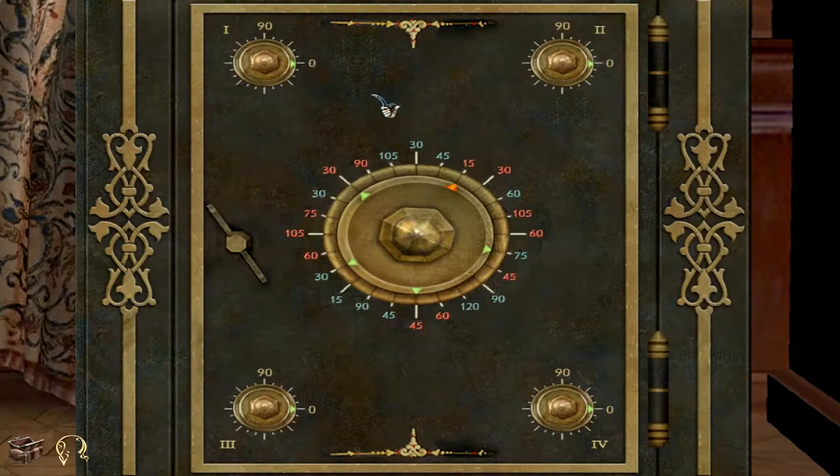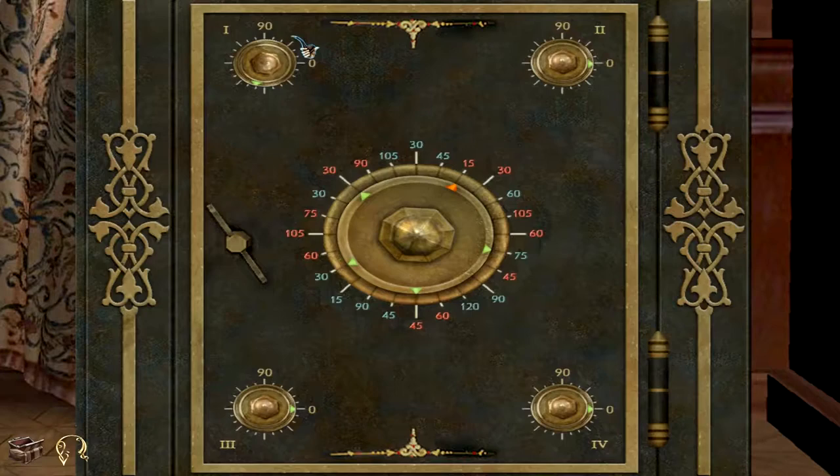Literally every single increment is just 15 degrees. So we're gonna work with the blue counterclockwise, 75 degrees, so that's 5 spaces. By the way, these can only move one way. I've tried to see if I can get it to go the other way, but it just goes one way. Either way, we need it 5 spaces counterclockwise.